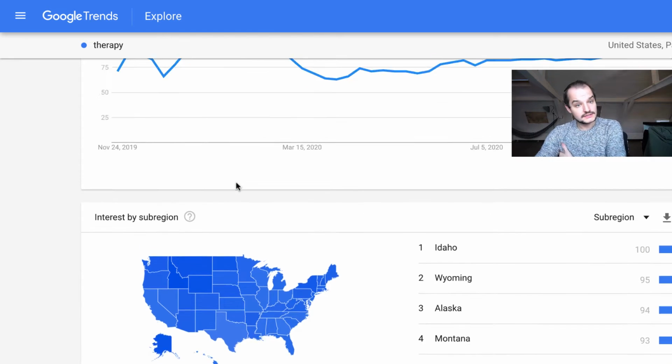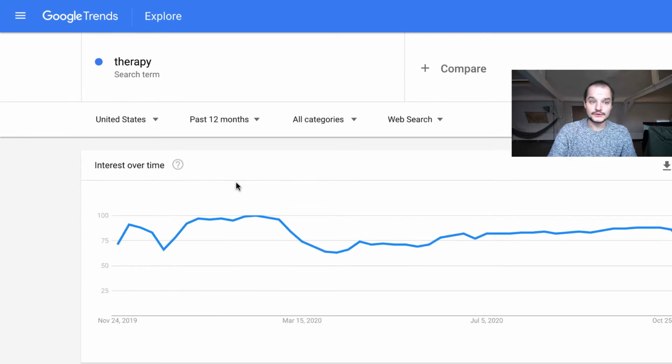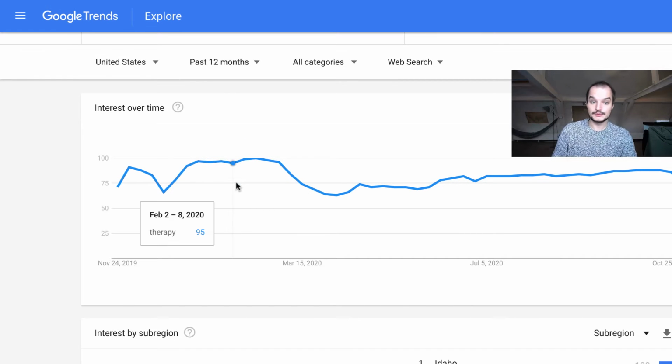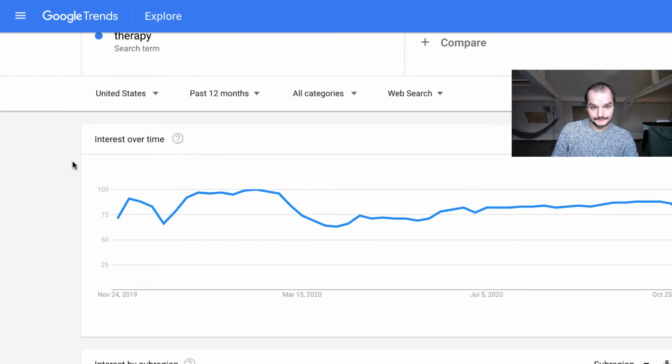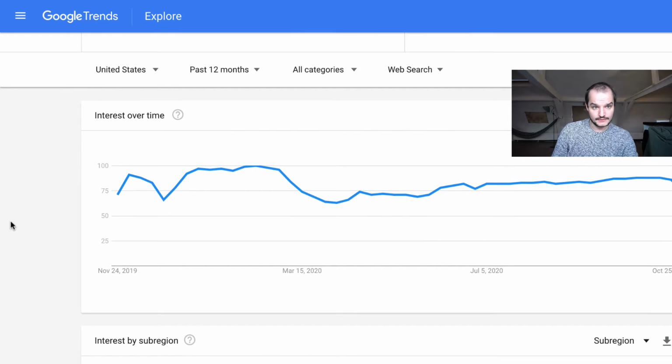Google Trends can be interesting. In Google Trends, you'll see how popular something is. The way Google says if something is popular or not is based on the searches and people showing interest. For example, I typed down here therapy in the past 12 months in the United States. Kind of stable.